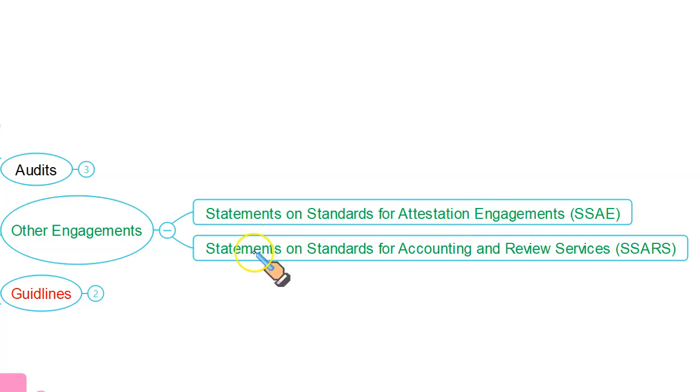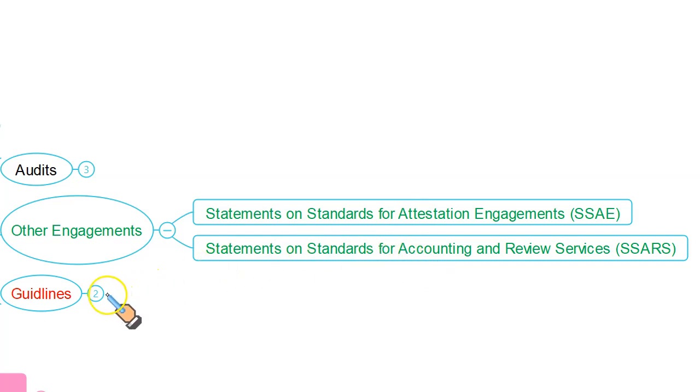Then the Statement on Standards for Accounting and Review Services, SSARS. Again, they are issued by the American Institute of Certified Public Accountants. These are the guidance related to compilation and reviews of financial statements of non-issuers, or compilation of pro forma financial statements, meaning the budgeted financial statements.